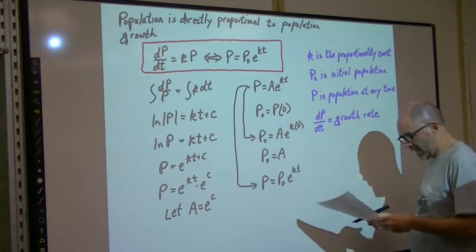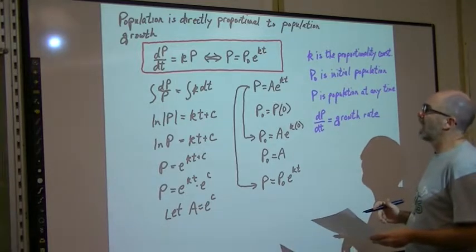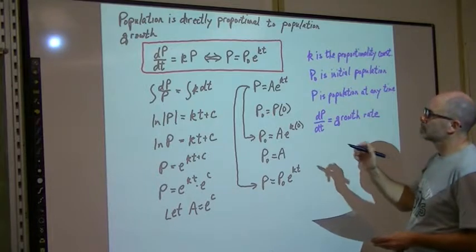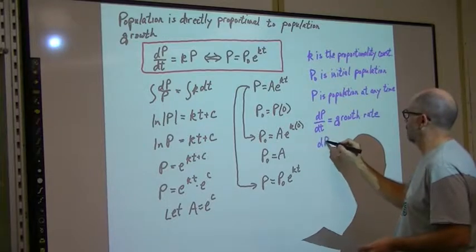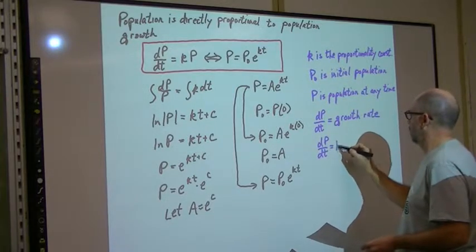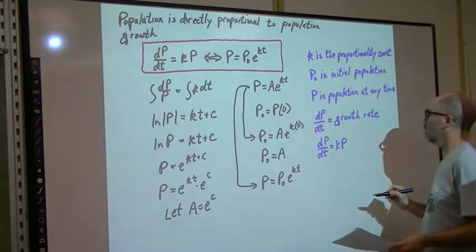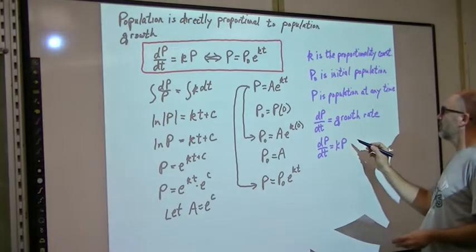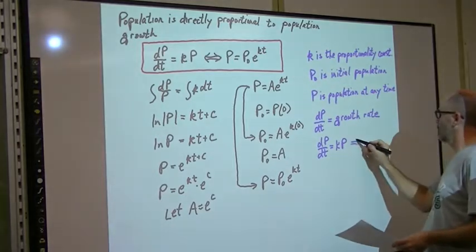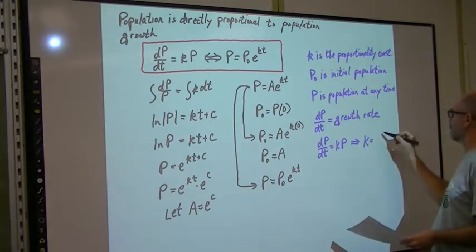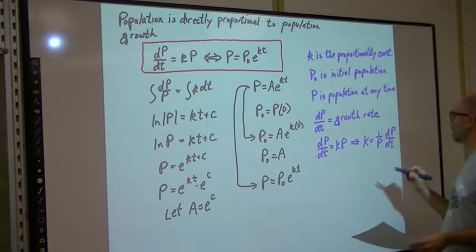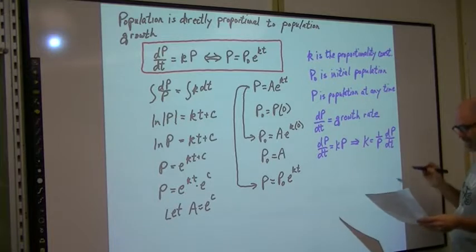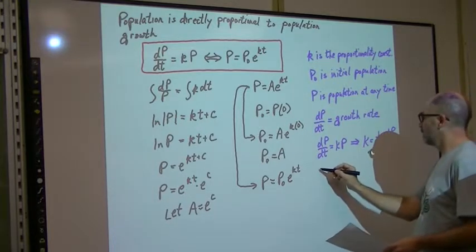Population growth rate. Now, notice if dP/dt equals kP, now what I can do then is divide both sides by P. So k equals 1 over P times dP/dt. So notice 1 over P dP/dt is the relative growth rate.